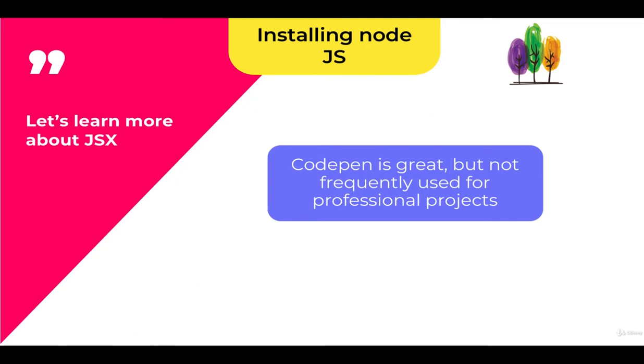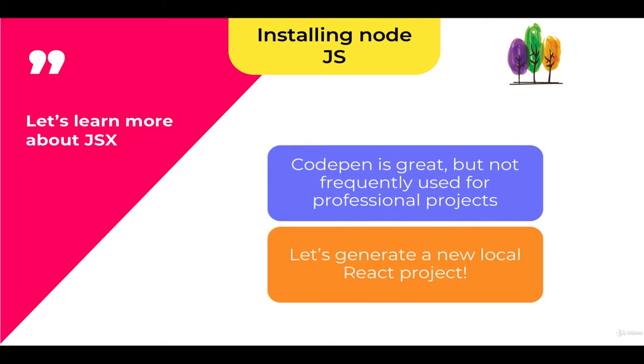So rather than continuing to use CodePen, we're going to move over to our local code editor, and we're going to generate professional work on React projects. And then, when you're a professional, you can go back and use CodePen, but I want you to know how it works. So we need to generate new React projects on the local computer in order to do so.